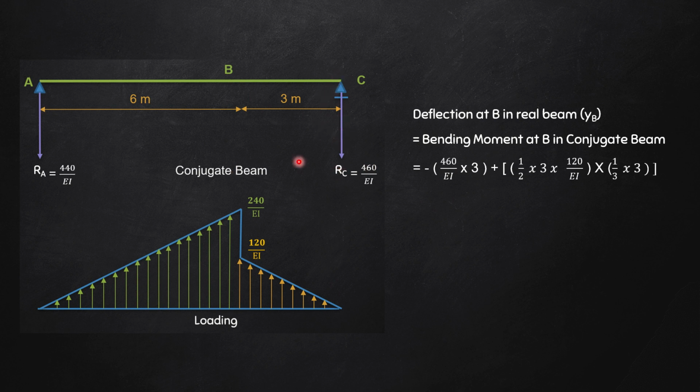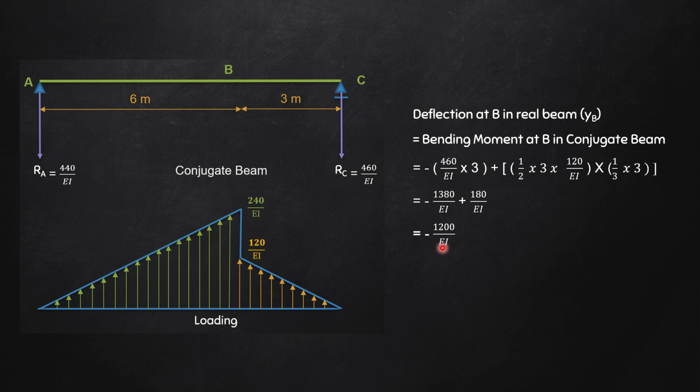Because it is clockwise in direction. Now, the next term will be plus half into 3 into 120 divided by EI and then multiplied by the CG, that is 1/3 of 3. So if I simplify this, I will get the answer as minus 1200 divided by EI.